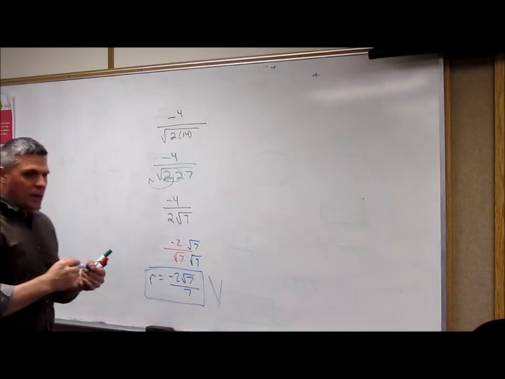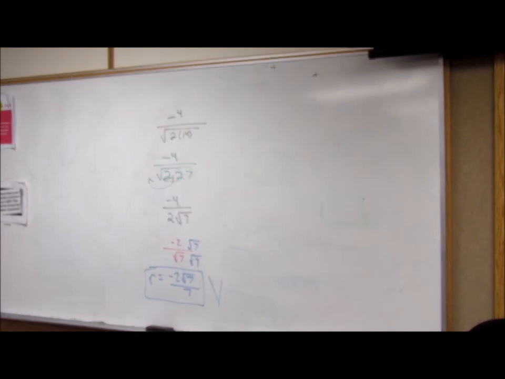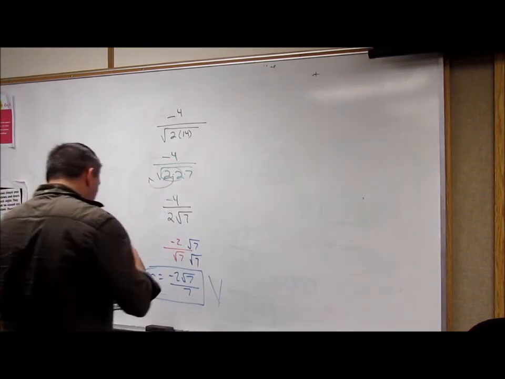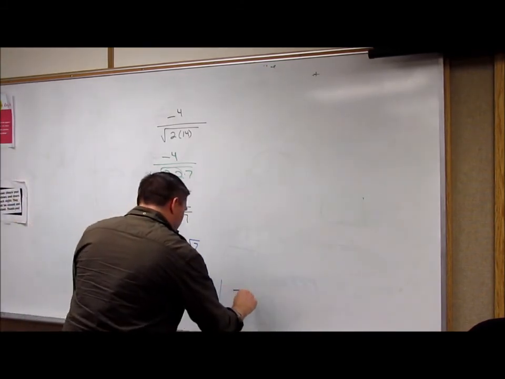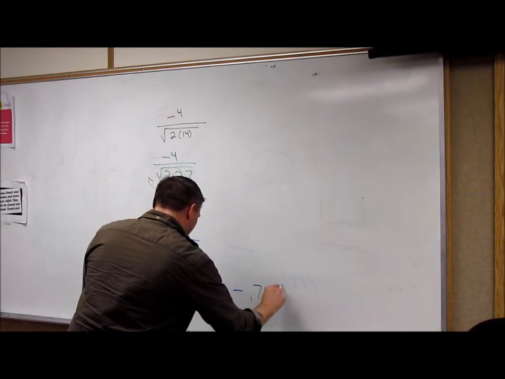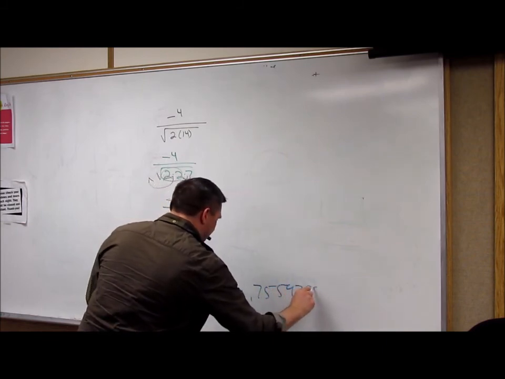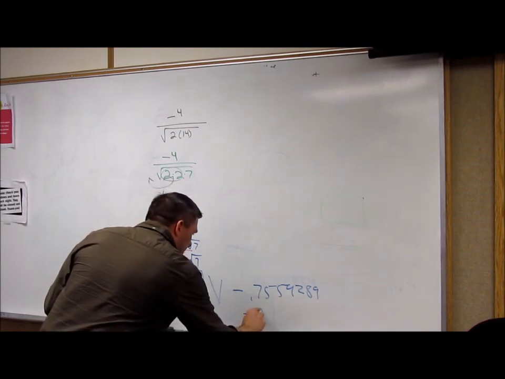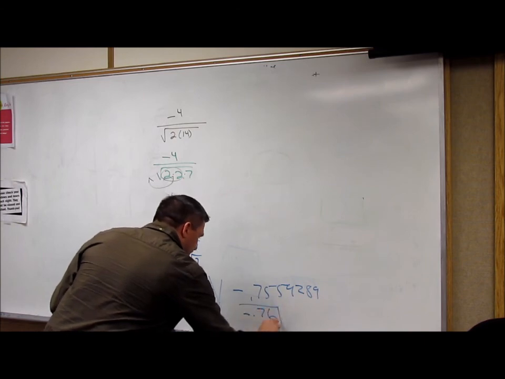Or I take the calculator and I take the square root of 7 times negative 2 and divide it by 7, and I get negative 0.755929, or negative 0.76. That's good enough.